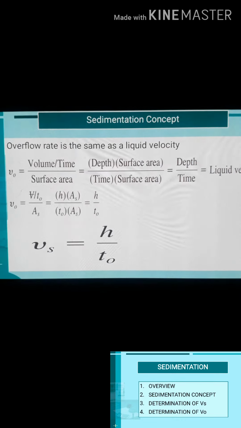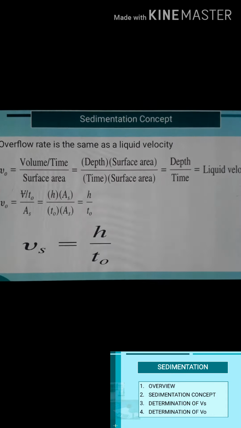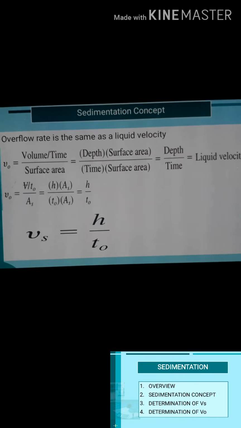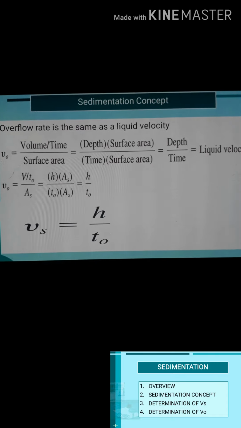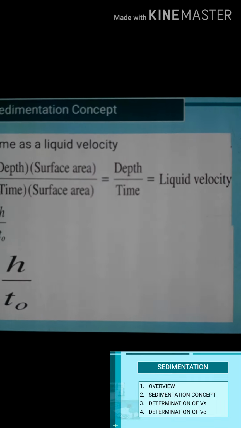Overflow rate is the same as the liquid velocity. Our overflow rate is equal to the volume over time all over surface area, which is also equal to depth times surface over time times surface, and also equal to depth over time, which is the liquid velocity.